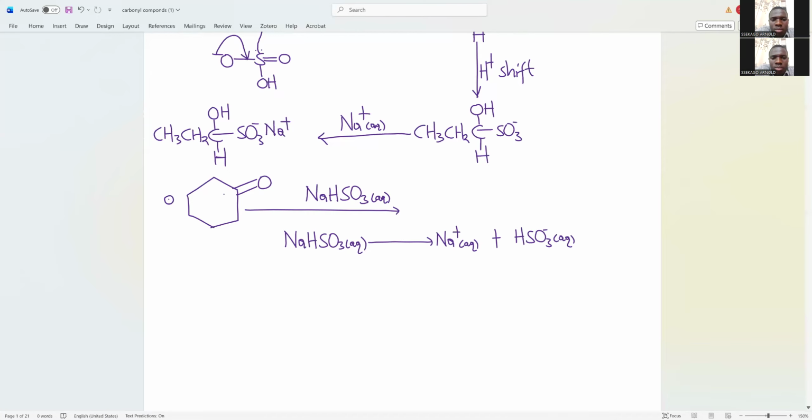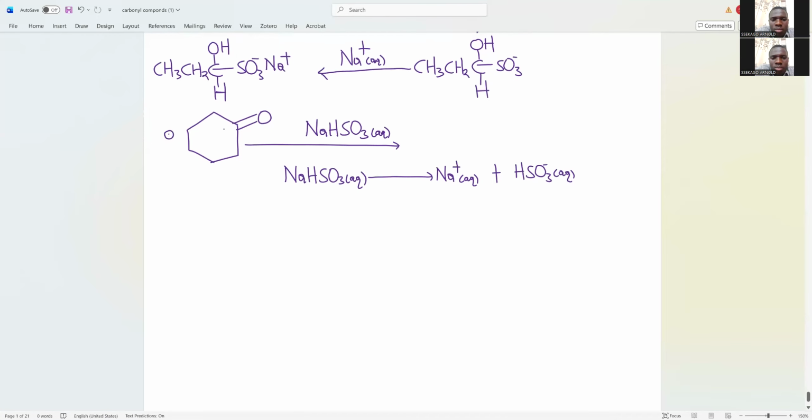Then I bring my carbonyl compound, cyclohexanone, and expose the functional group. We are lucky that here the functional group is exposed very well. So the carbon to oxygen double bond is polar. Oxygen takes, carbon becomes electron deficient. Then I bring my hydrogen sulfite ion, and from bonding it has this structure.